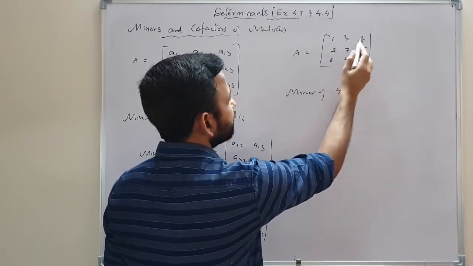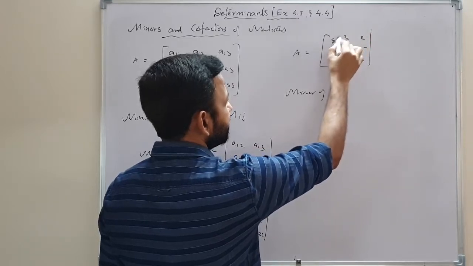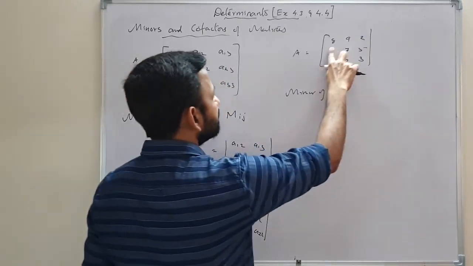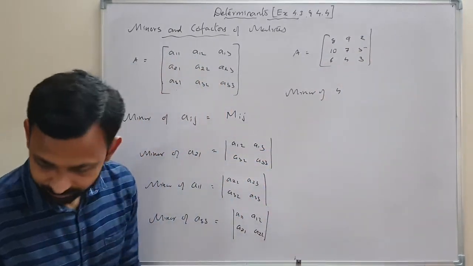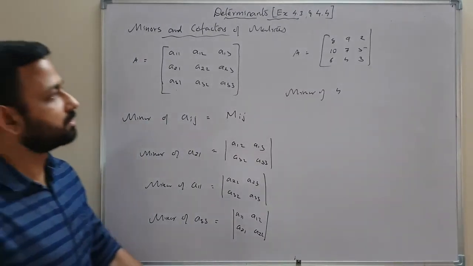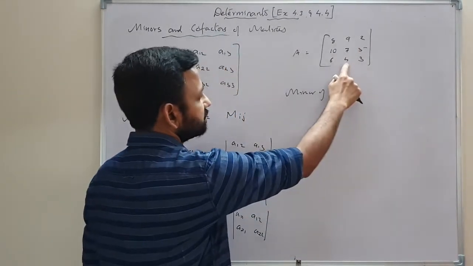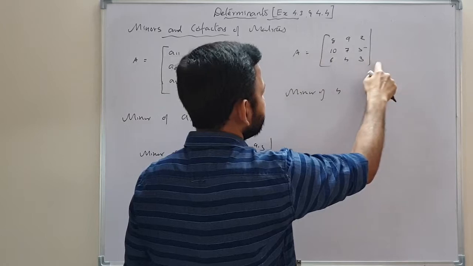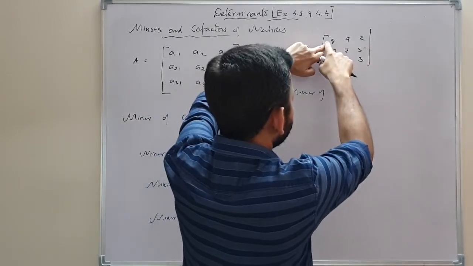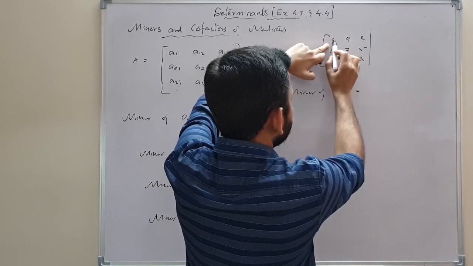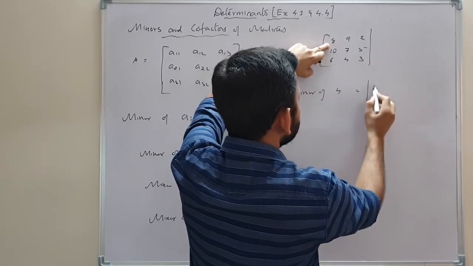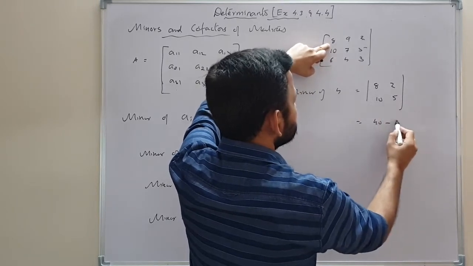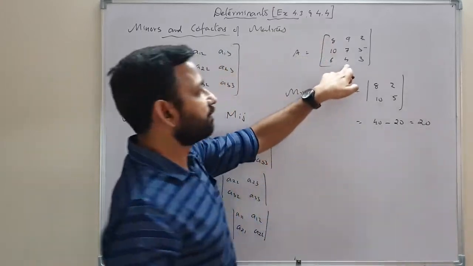So the minor of 4: 4 is from the third row and second column. So delete them, then find the determinant. The minor of 4 is the determinant of the remaining elements 8, 2, 10, 5. So we find 40 minus 20. That is the minor of 4.